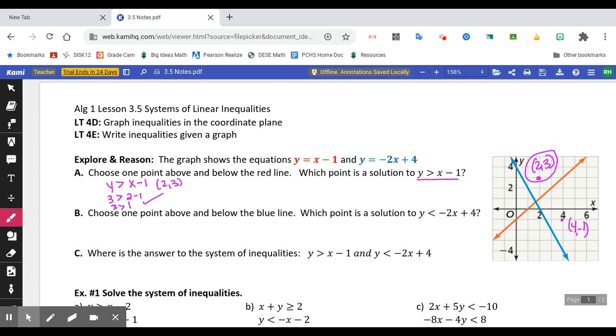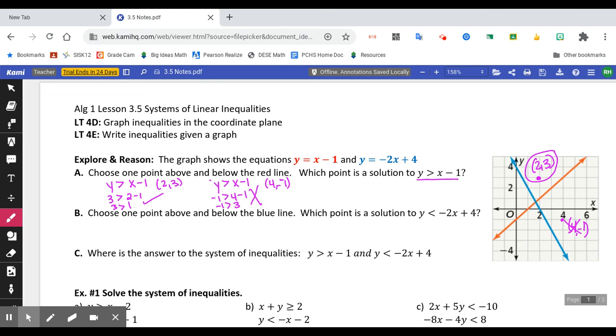So if I try the other way, y is greater than x minus 1, and I plug in 4, -1, then I would have -1 is greater than 4 minus 1, -1 is greater than 3, which it's not. So this would not be a solution.